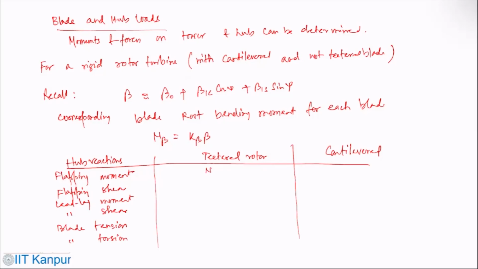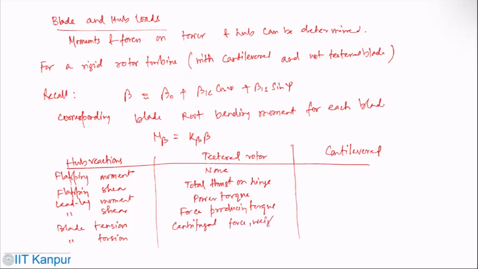So in this case it would be none. This case would be total thrust on hinge. This case it would be power torque. Then this case would be force producing torque. This case centrifugal force, weight.